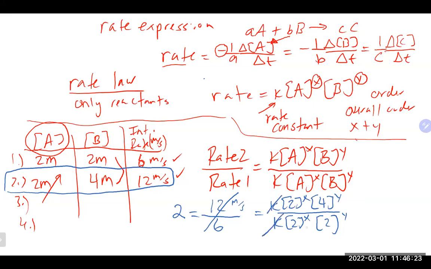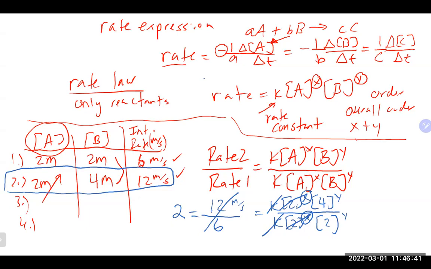This is the order with respect to A on top and bottom. Again, I don't know what that number is, but because it's the same reaction, it should also be the same number, which technically means those cancel out as well.